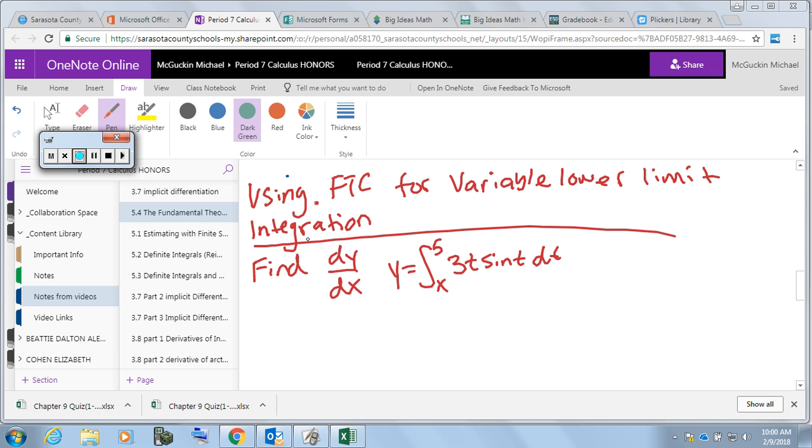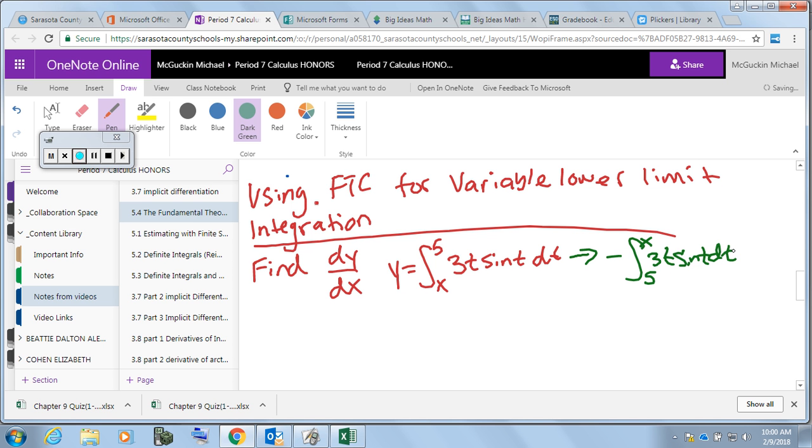So this is really the exact same thing as trying to find the derivative of negative the integral from x to 5 of 3t sine t dt. By negating it, we switch the upper and lower limits.